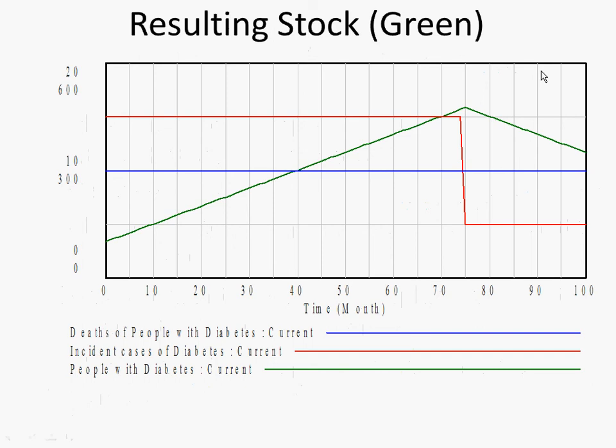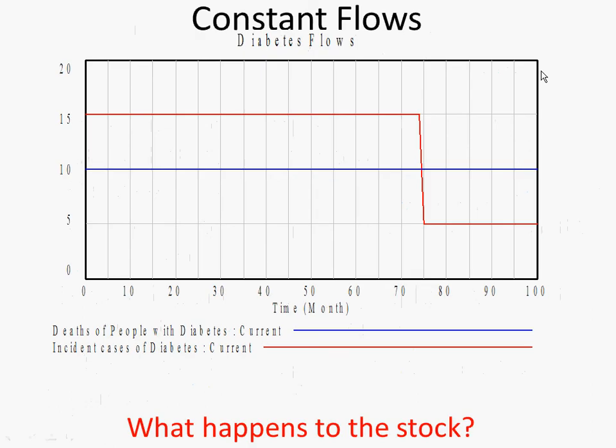Suppose the outflow were 2. Outflow of 2. To be clear, if this outflow was not 10 but 2, what would this stock be doing?